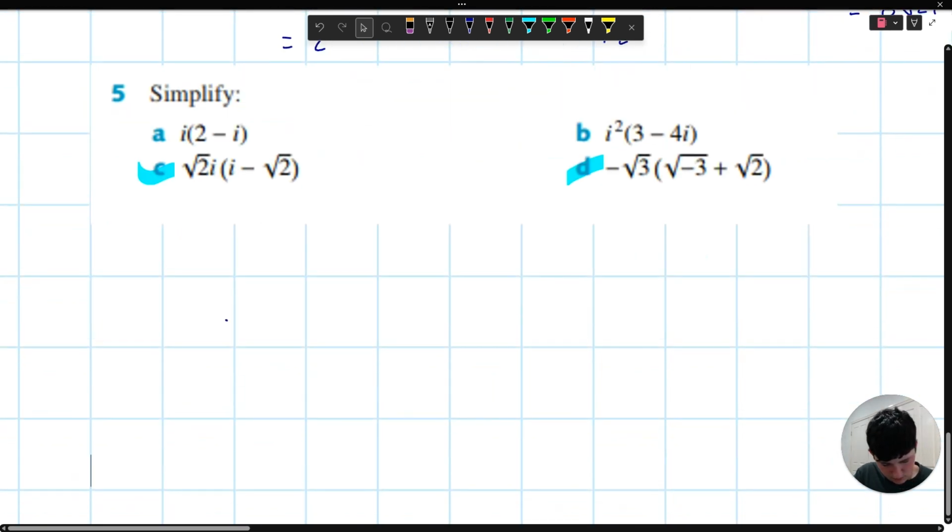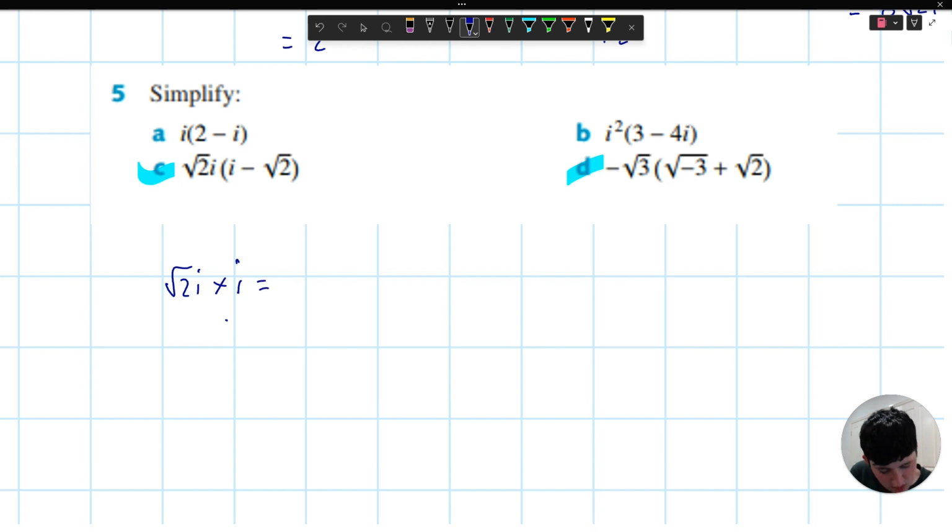Okay, we move on to 5c. Root 2i times i is equal to root 2i squared. And then root 2i times negative root 2 is equal to, what happens when you times two roots that are the same together? Bingo!